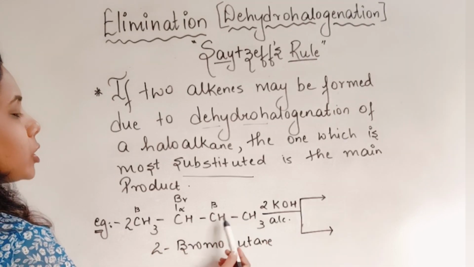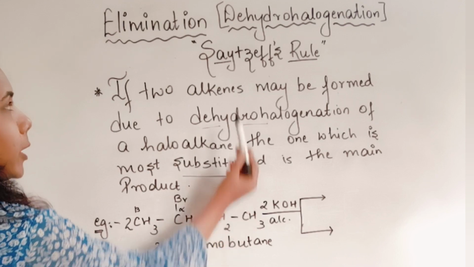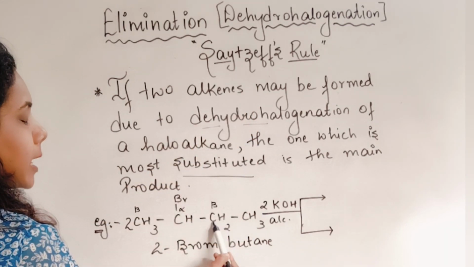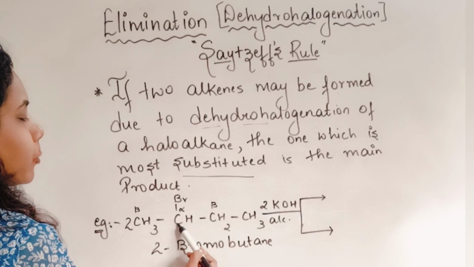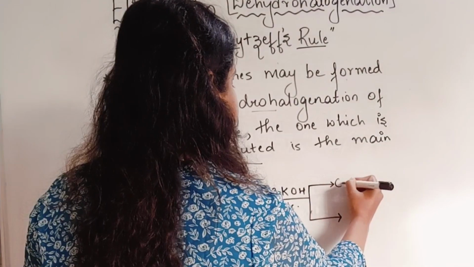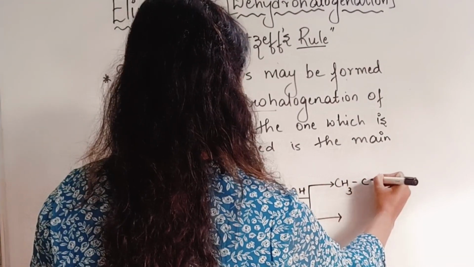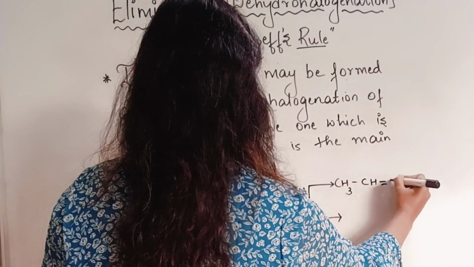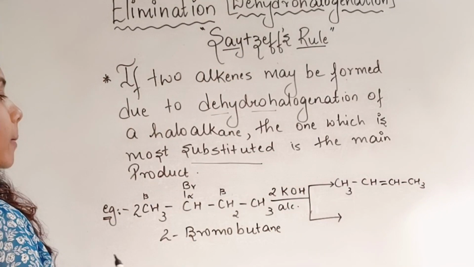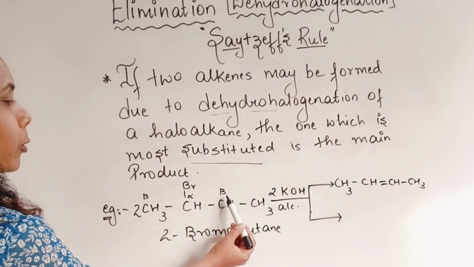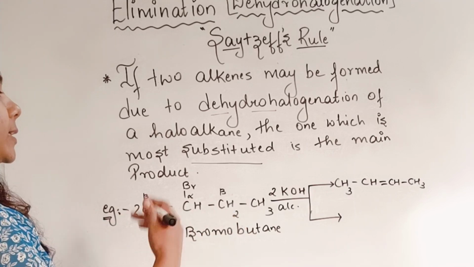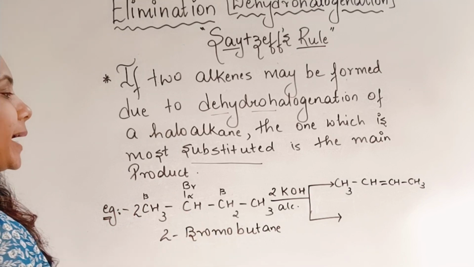So the hydrogen will be lost from this carbon according to the Saytzeff rule. If the hydrogen is lost from this carbon, the double bond will be formed between these two carbons. Let's write down the structure. This is the structure formed after losing the hydrogen from the right-hand side beta carbon. Now we get the second compound but in minor quantity.